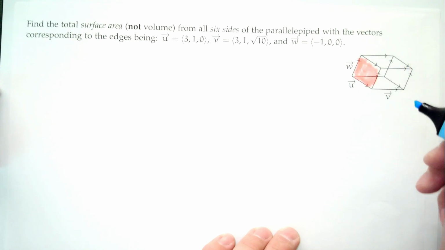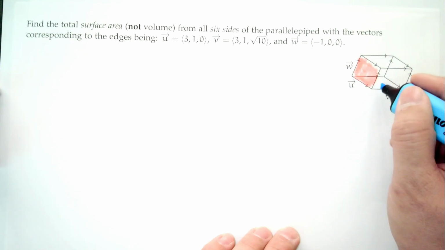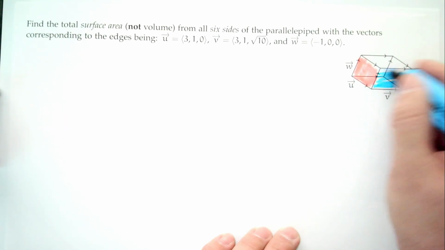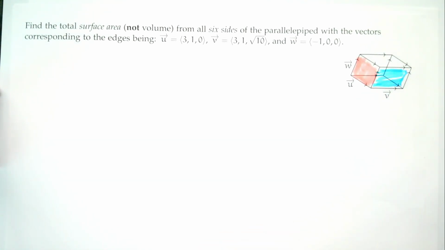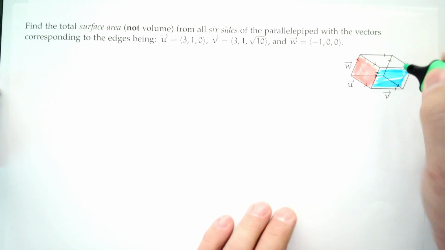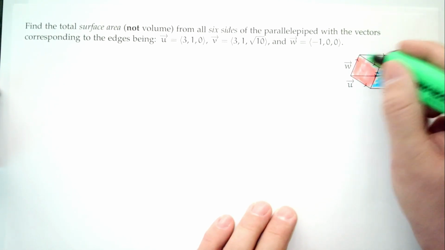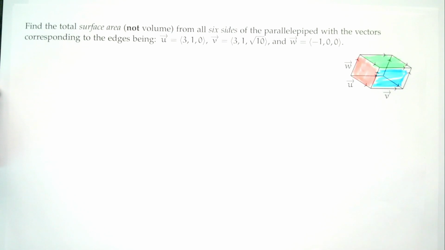Now, it could be a rectangle, but probably not. What about over here? It's also a parallelogram. And now, the really tricky one, the one on the top. It's also a parallelogram.